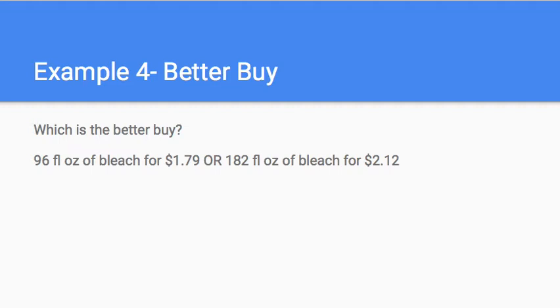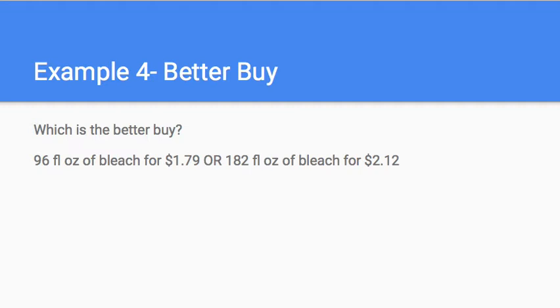You can look at the price per ounce, how much you pay for 1 ounce, and you can compare those prices. So in this case, let's say that you can buy Clorox bleach. You can get a 96 fluid ounce bottle of bleach for $1.79, or you can buy 182 fluid ounces of bleach for $2.12.